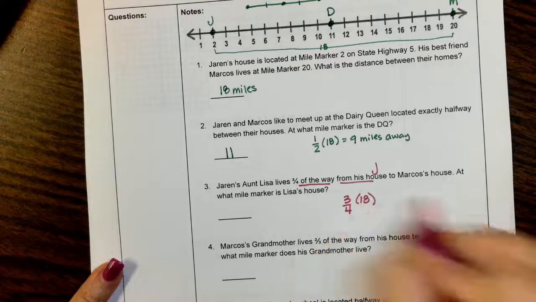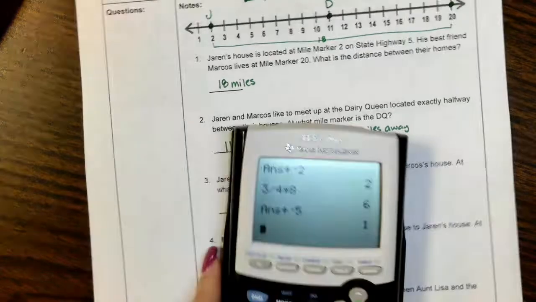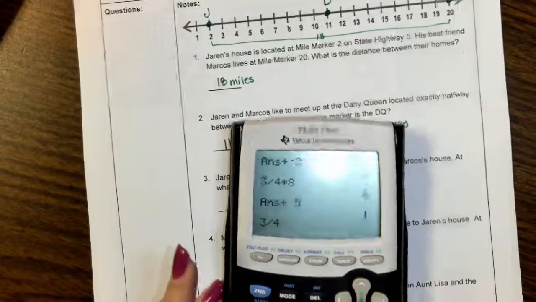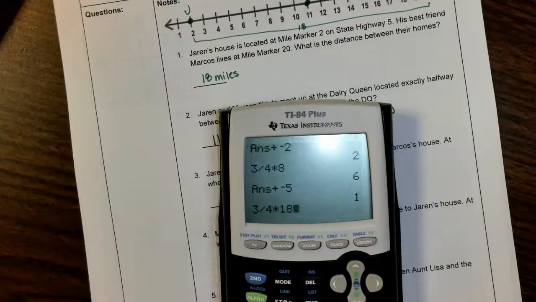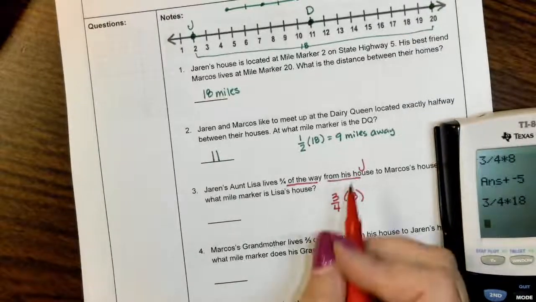Okay, if you don't know how to do that, let the calculator do the work for you. It would just be 3/4 of 18. Well, 3/4 of 18 is 13.5. So it's 13.5 miles away.